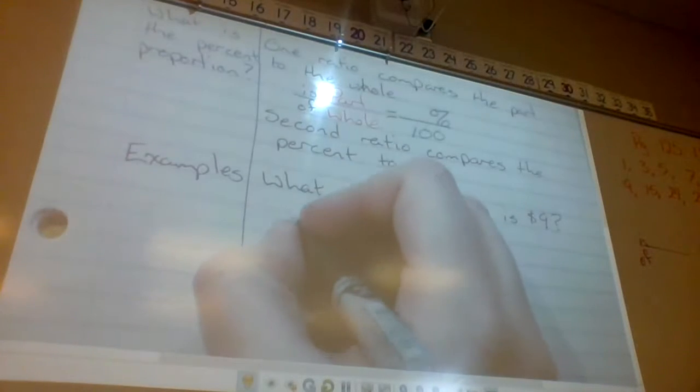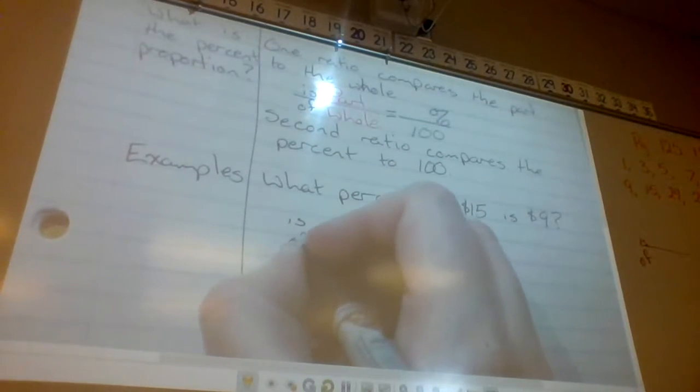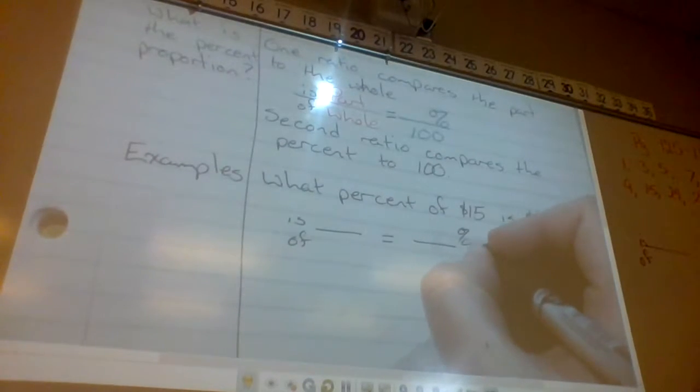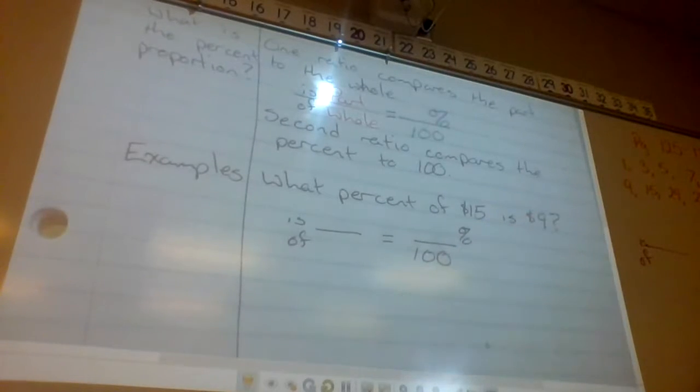You're going to write is over of, a percent sign and a big 100. Again, is that very difficult? Think you can do that on every single problem that says percent proportion? Yeah, you can do that part. All that part is setting up.